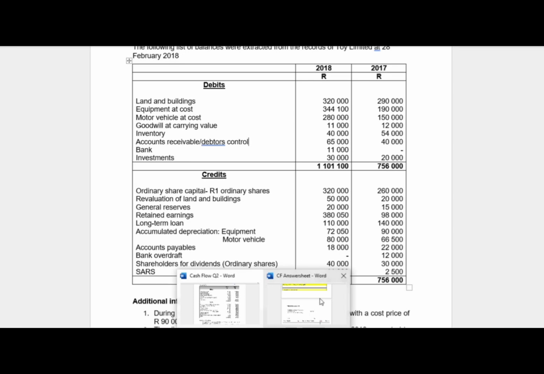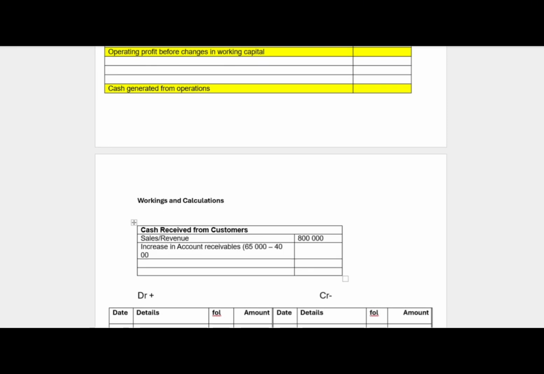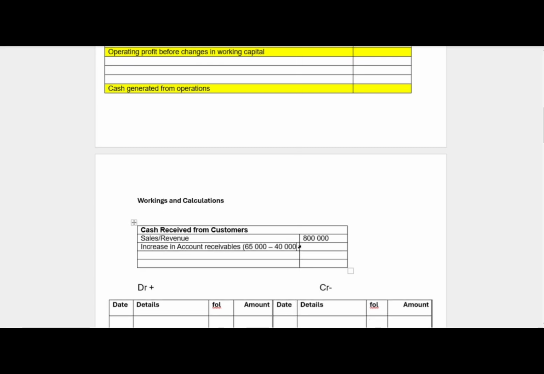Let's indicate this in our brackets. 65,000 less 40,000. Let's see how much you are getting.